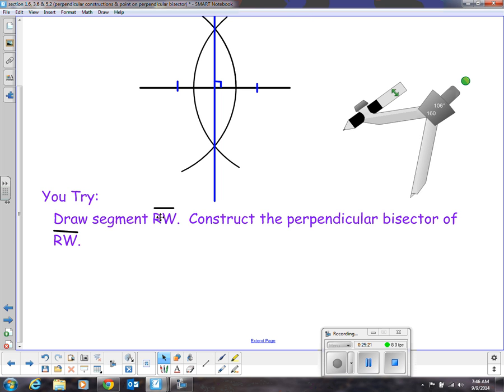The segment's called RW. The perpendicular bisector, that's what we just did. What do you mean? Oh, I didn't give you one. You can make one up if you want. But the segment that you're bisecting is RW.